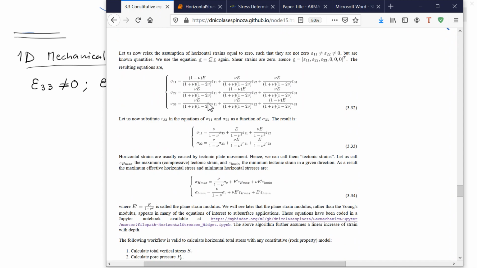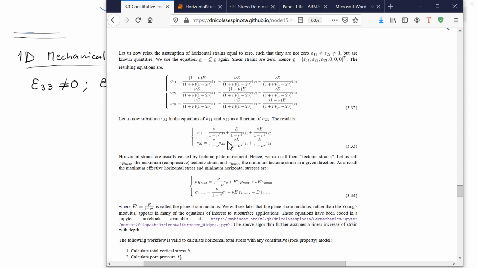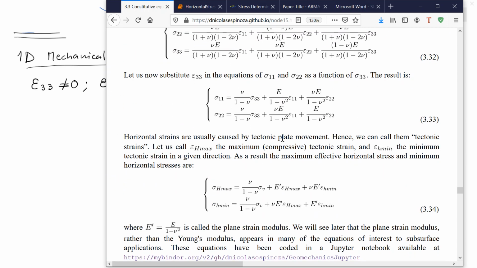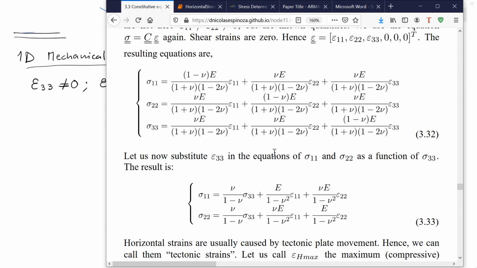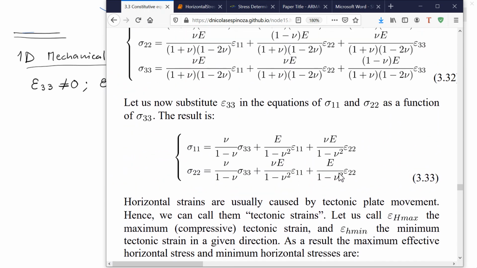You do all of this math, and at the end of the day, this is what you find: sigma 1,1 is a function of sigma 3,3, epsilon 2,2, and epsilon 1,1.